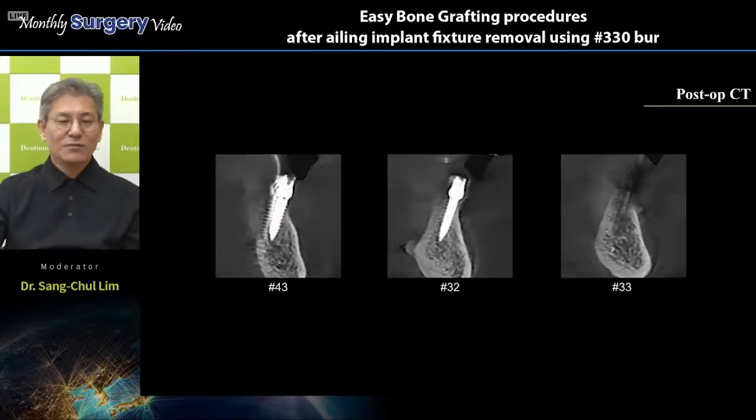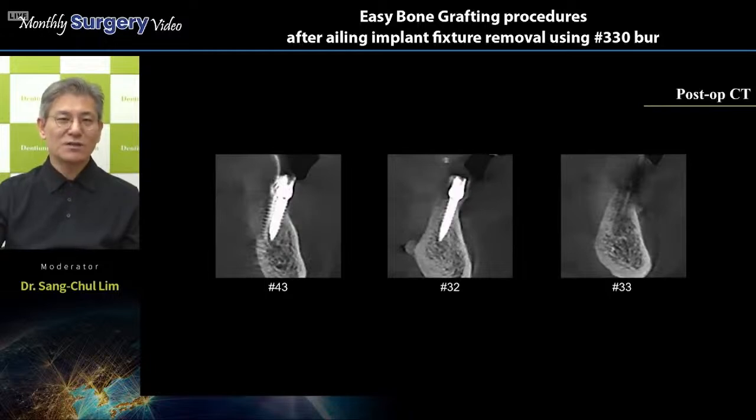So after that, if you want to add another implant fixture, you can use this site, number 33, right? That is another option. In a younger person, that is a necessary part. Sometimes you need to consider one more implant fixture.